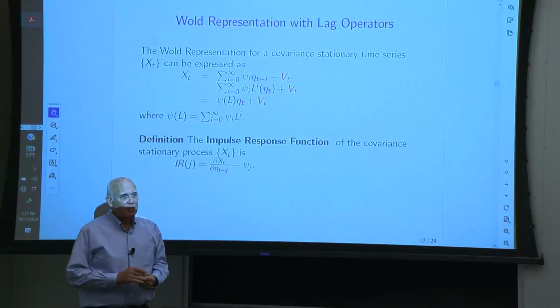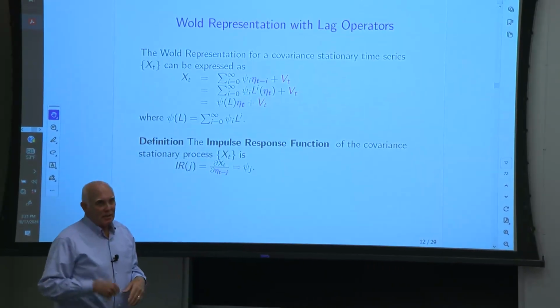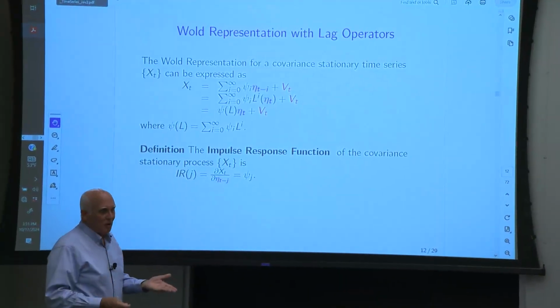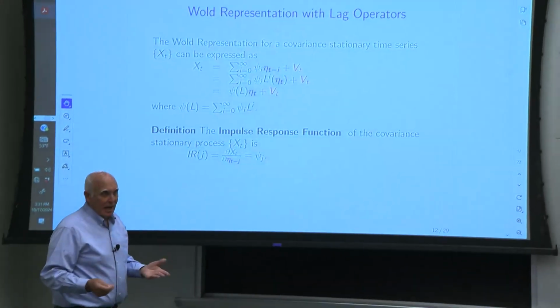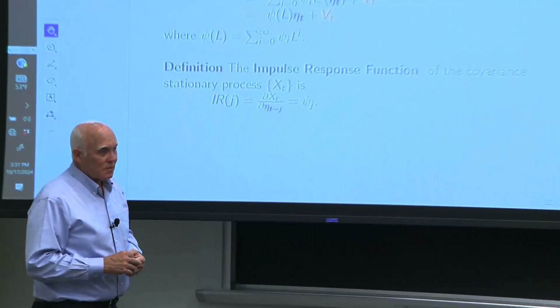So when psi j is large in magnitude, that means that the current value of x is dependent on the jth lag of the white noise.